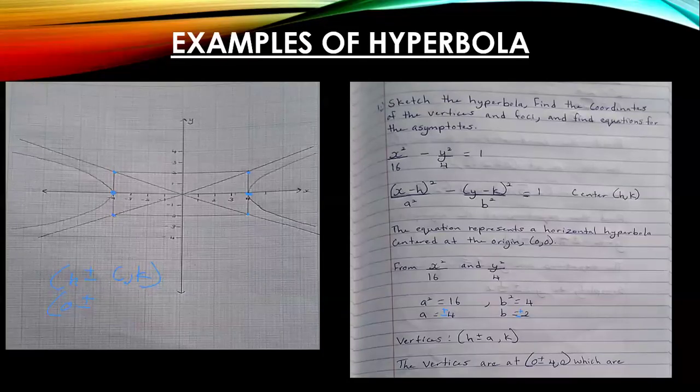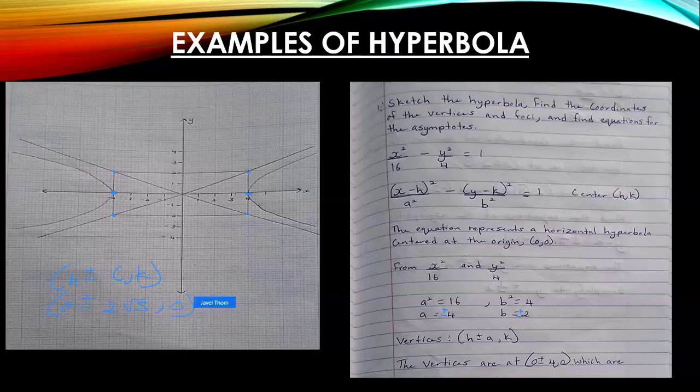Well, we found that our c value is going to be 2 root 5, and k will be 0 as well.